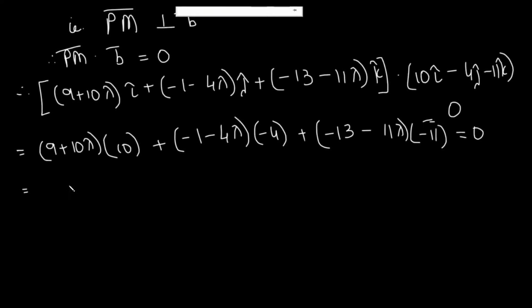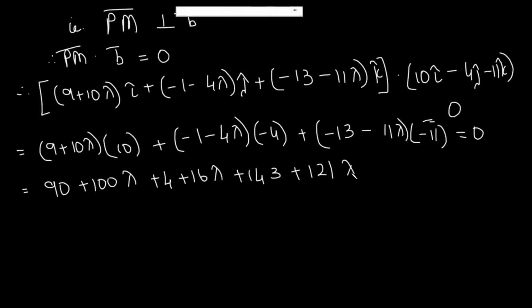Solving it, we get 90 plus 100 lambda plus 4 plus 16 lambda and plus 143, plus 121 lambda is equal to 0.